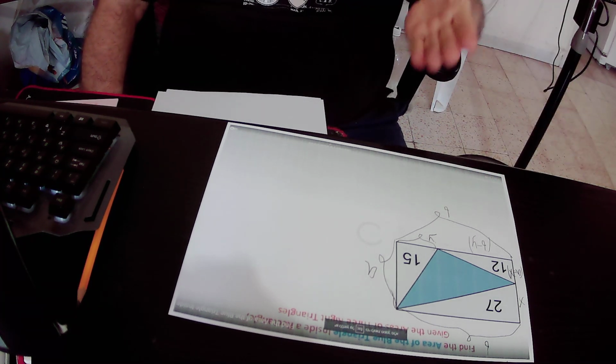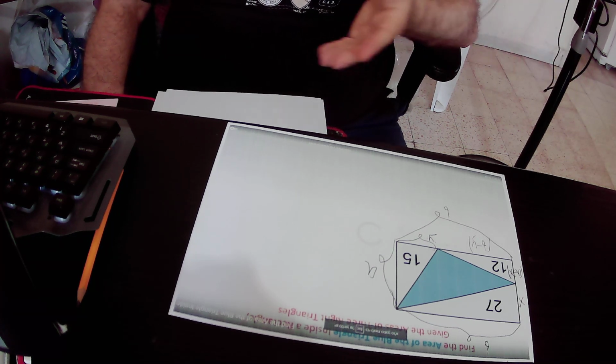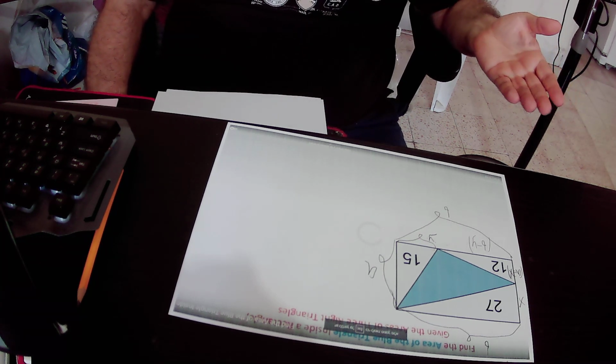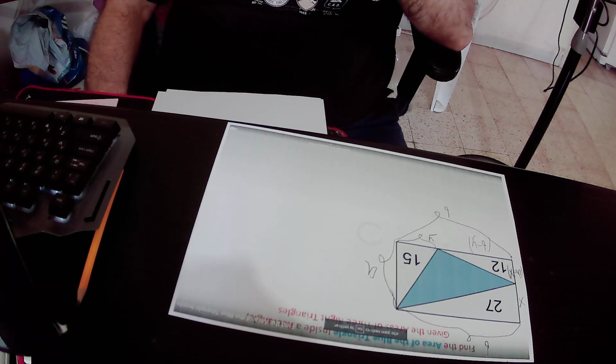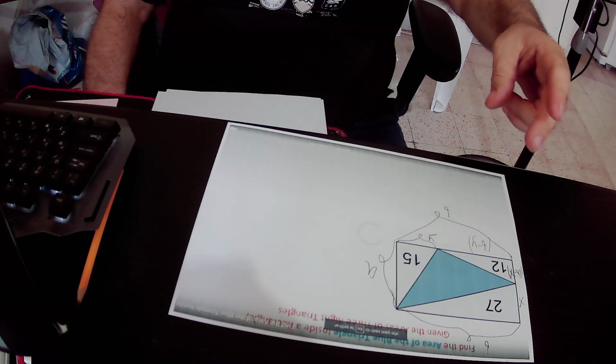So the area of the rectangle that contains the three right triangles must be greater than 54 units. So 18 units is an incorrect answer. So the only answer that is left is 90 units.